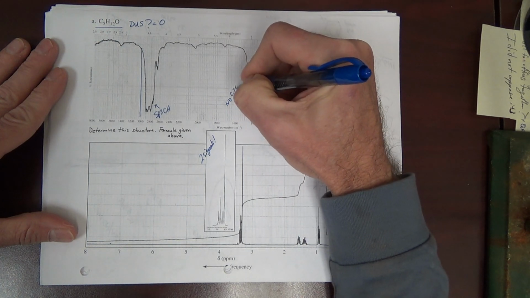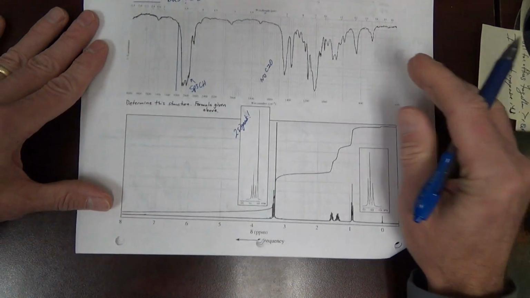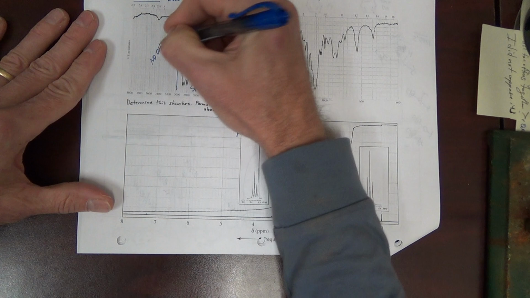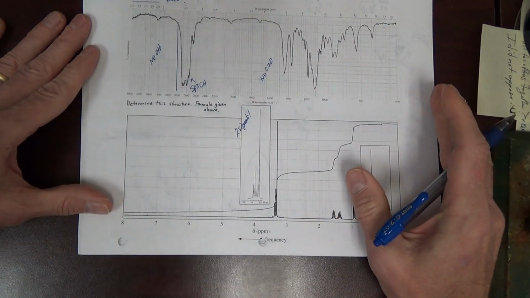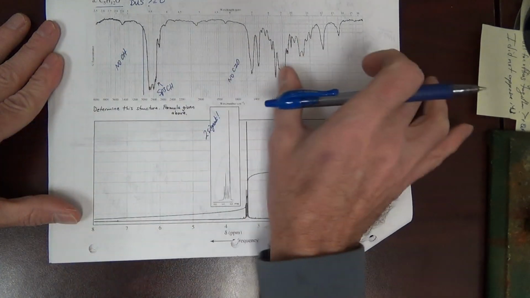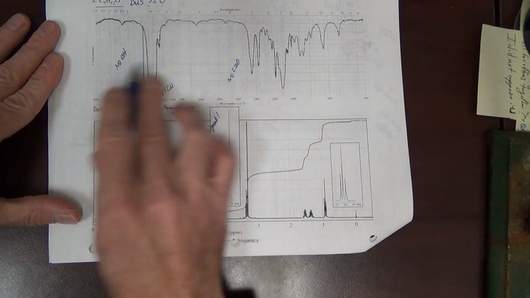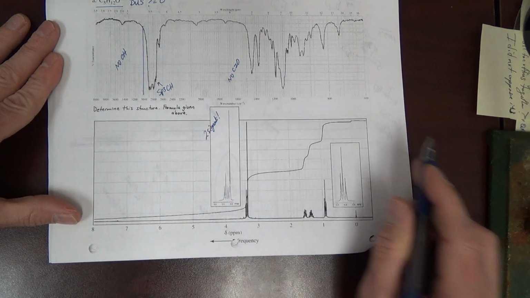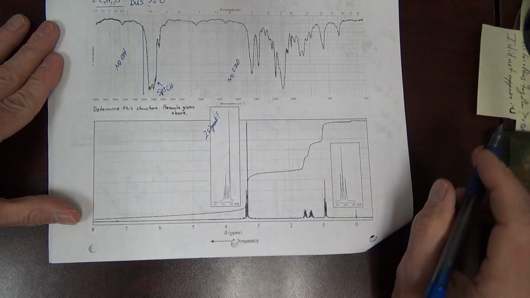Of course, we would not expect one since there's 0 degrees of unsaturation. There is an oxygen, but there's no OH. So it doesn't appear to be an alcohol. In the end, you know your IR. That was covered in Organic 1. Use your IR information to help tell you about the structure.